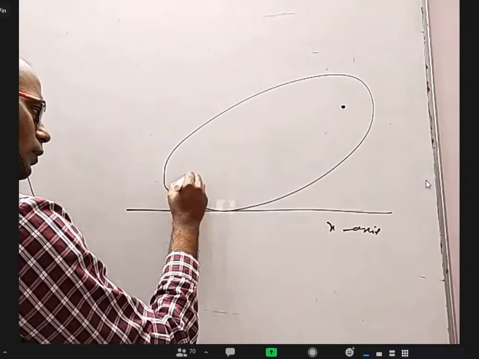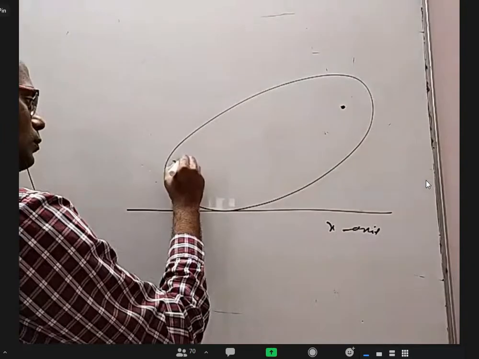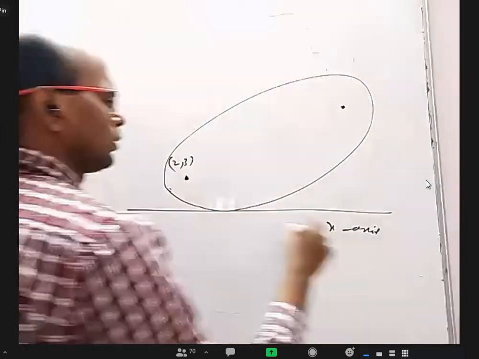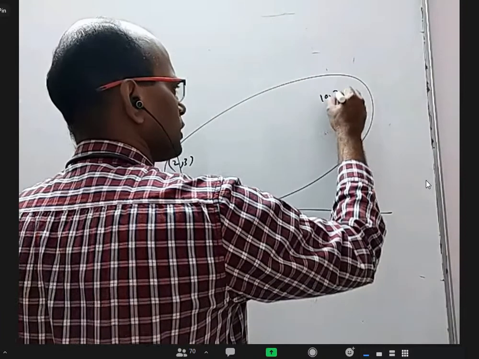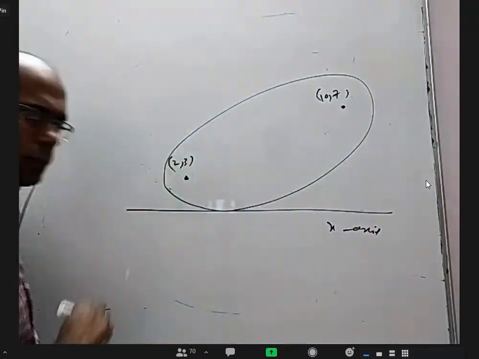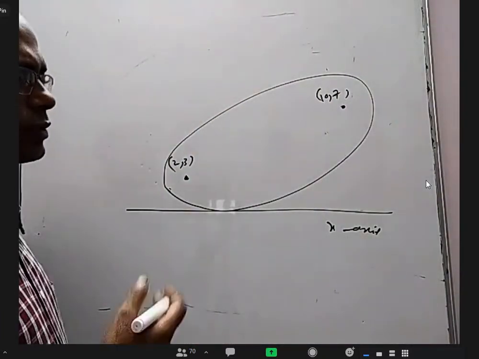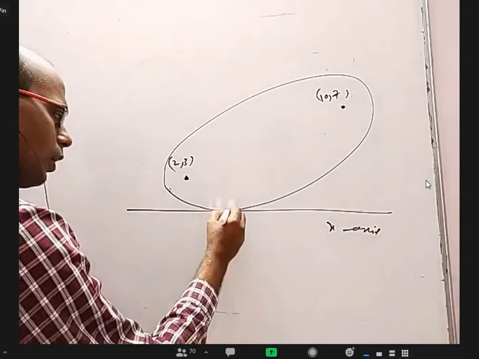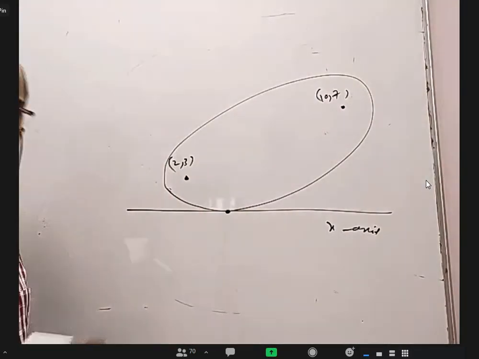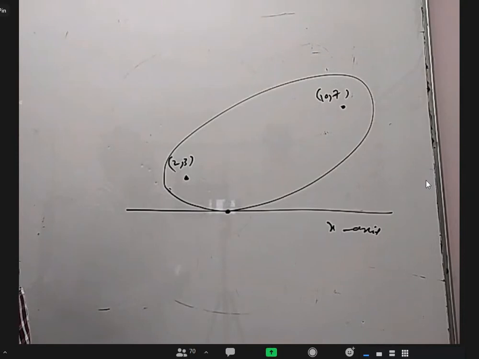Let us say this is (2, 3) and this is (10, 7). Either you can tell me the answer or you can tell me the procedure: how to find this point of contact, how to find the eccentricity, and how to find the length of the major axis?